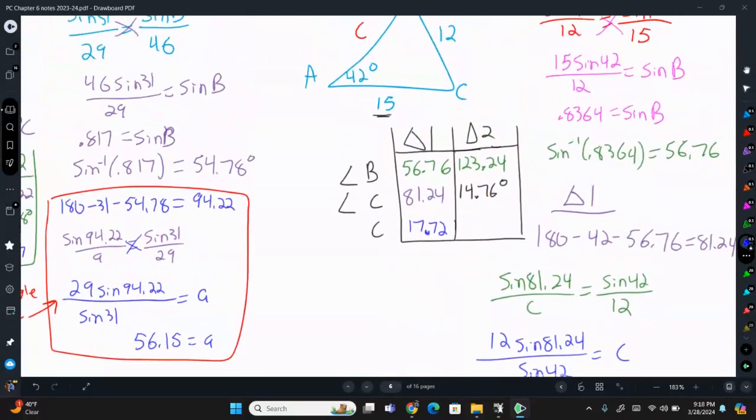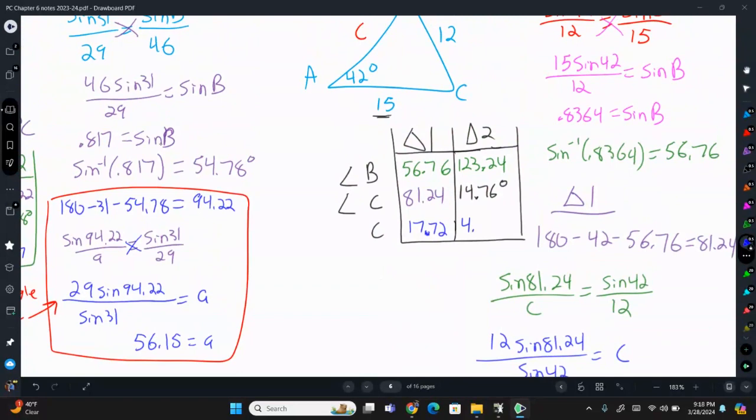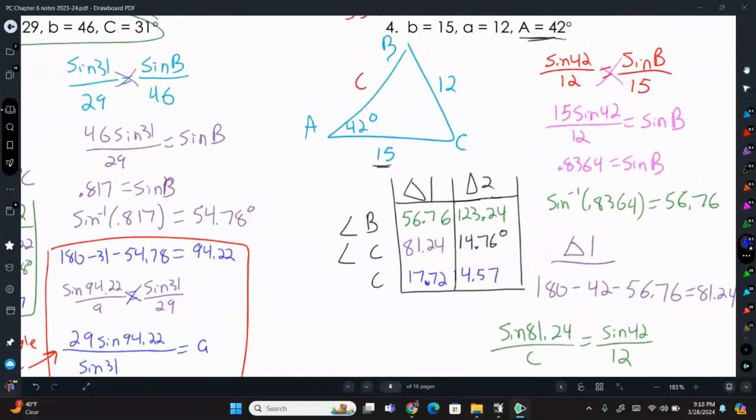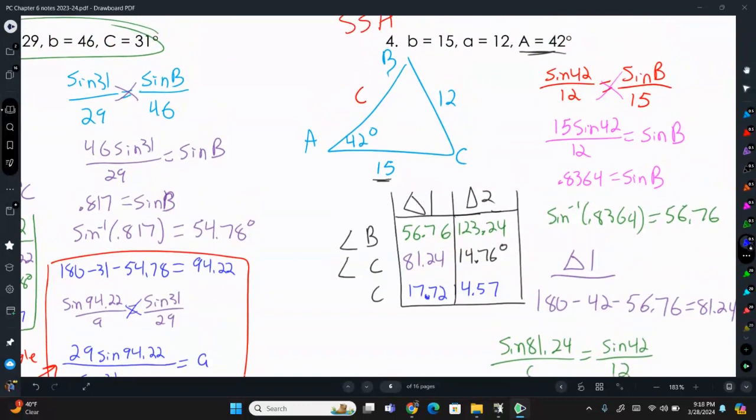So let's go back up here. 4.57. And again, we'll make sure everything matches up. In triangle 1, the largest side is side C at 17.72, so angle C should be the largest, 81.24. That's the case. The smallest side is side A, which is 12, so angle A should be the smallest.